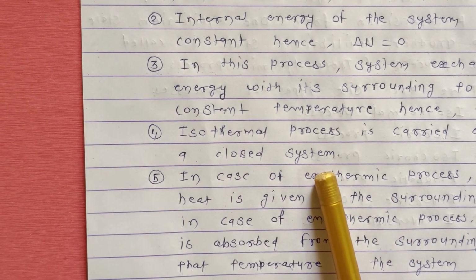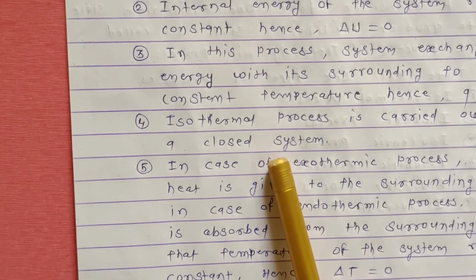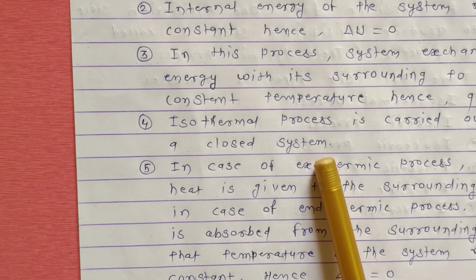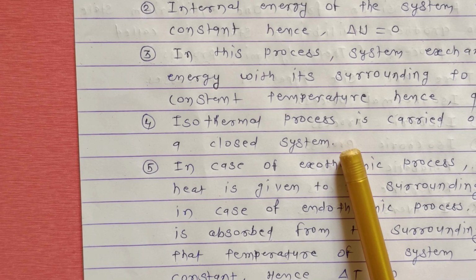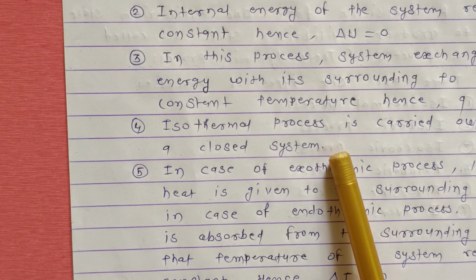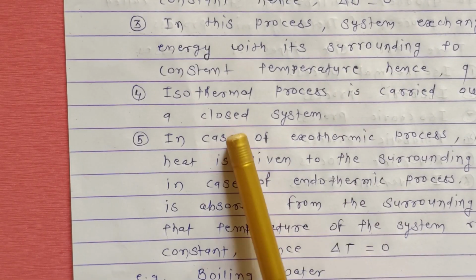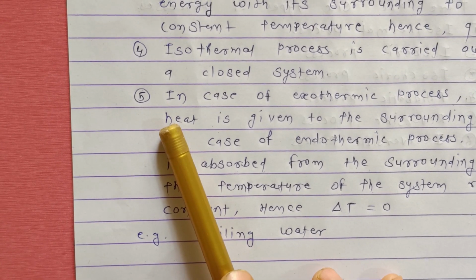That's why Q is not equal to 0. Means in this process, the exchange of heat energy with surrounding to maintain temperature constant, hence Q is not equal to 0. If heat is absorbed, then Q will be something positive. If heat is released, Q will be negative. And heat energy is absorbed or released, both is happening. That's why Q is not equal to 0.